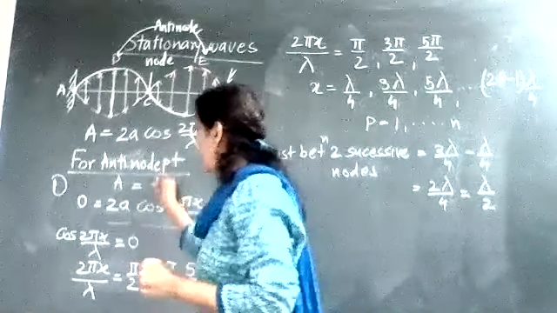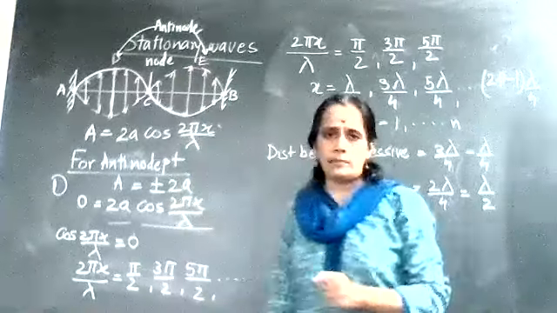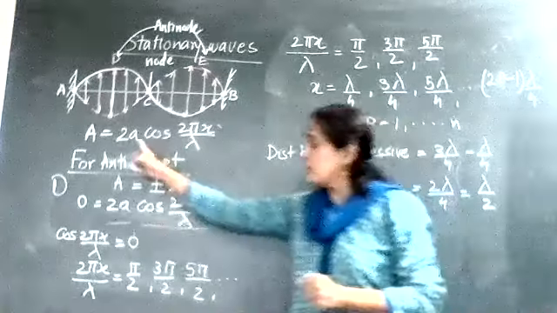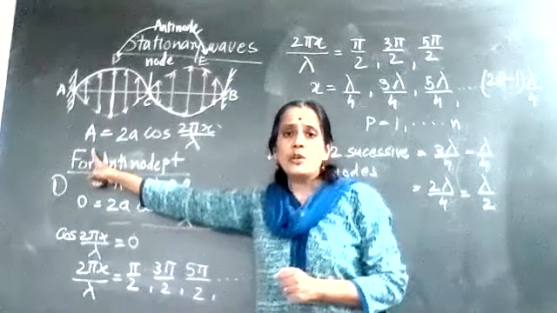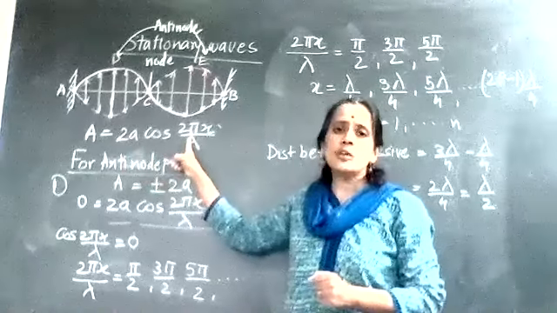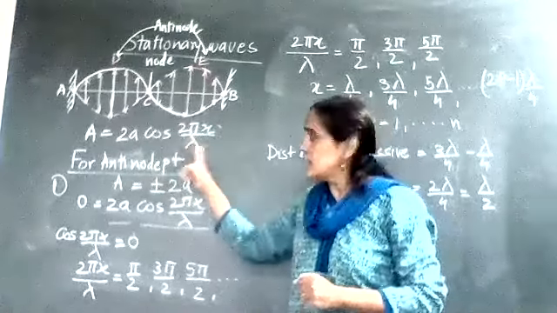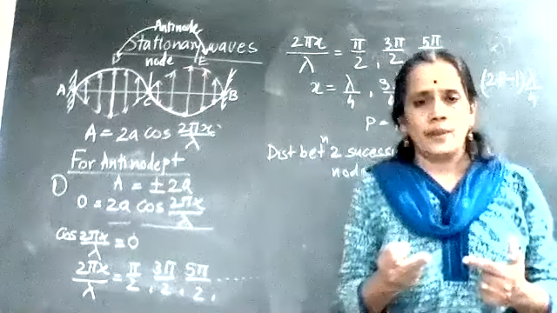Now here the maximum value at the anti-node is what? Plus minus 2a. Why have I written plus minus 2a here? What is your resultant amplitude? Your resultant amplitude A is equal to 2a cos of this angle. Cos theta has the maximum value plus 1, right?